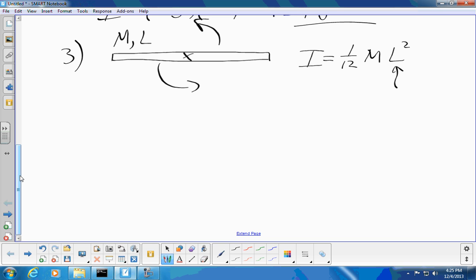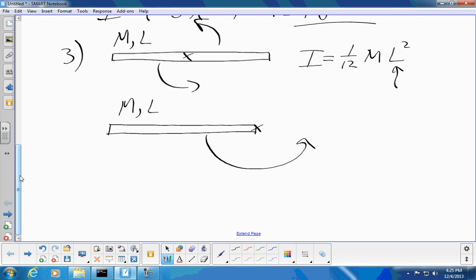I could also say, what is the moment of inertia of the same stick, but with the axis placed at one end? So this stick is now rotating around an axis at one end, and I could say, what's the moment of inertia of the same stick, mass m, length L, but with the axis at one end instead of in the middle? And a funny thing happens, by the way, we'll see this soon enough.